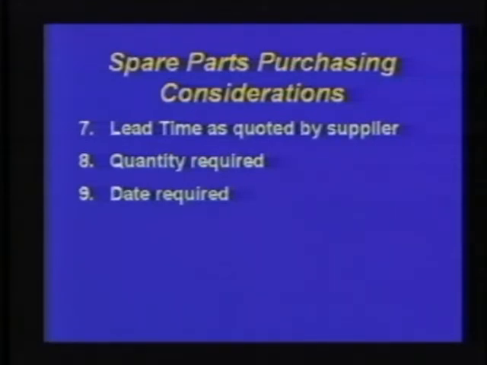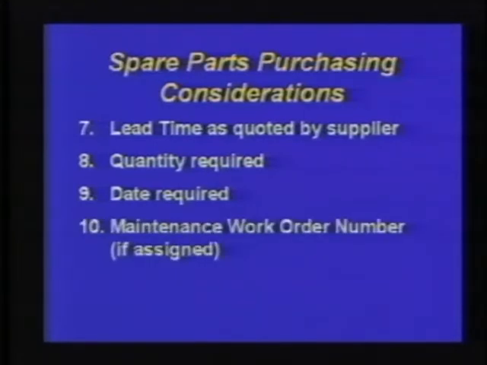So if a requirement is for a planned, let's say, maintenance work order, then 10 is addressing the maintenance work order number to be recorded on the purchase order, and we subsequently want to have the purchase order recorded on the maintenance work order.